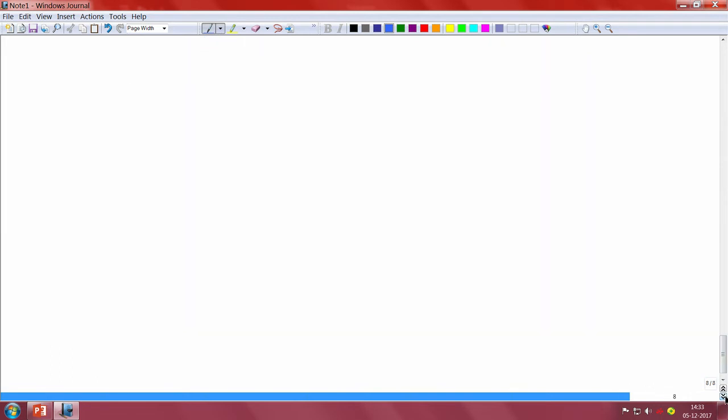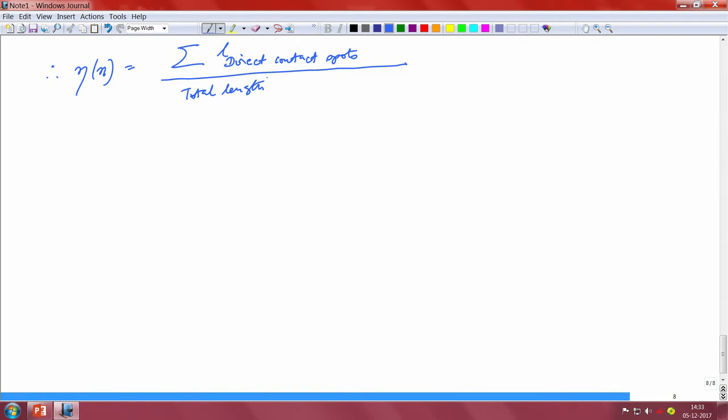Now, let us say this eta as a function of x is equal to L, which is the direct contact spots, divided by the total length of the sample wall, x to x1.